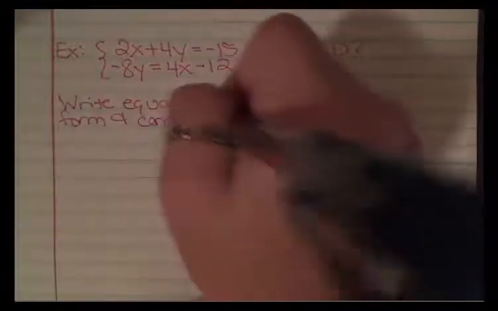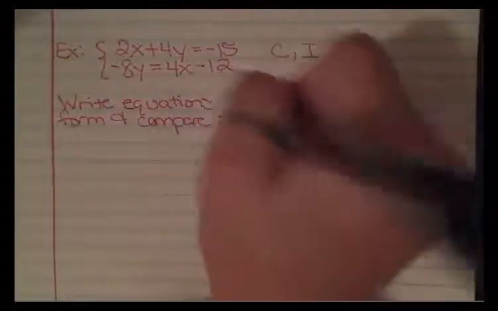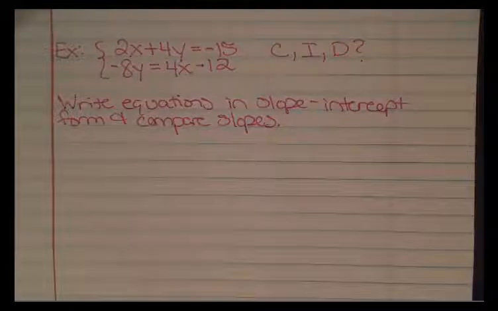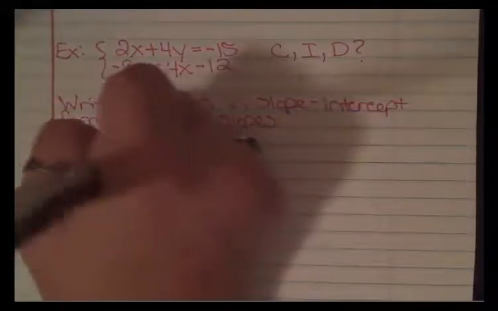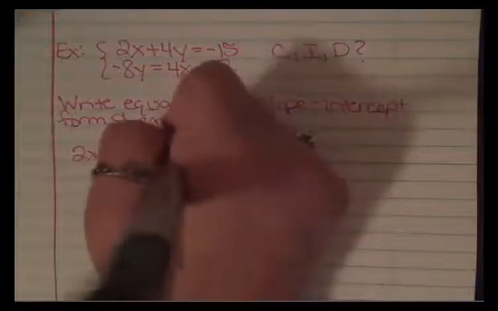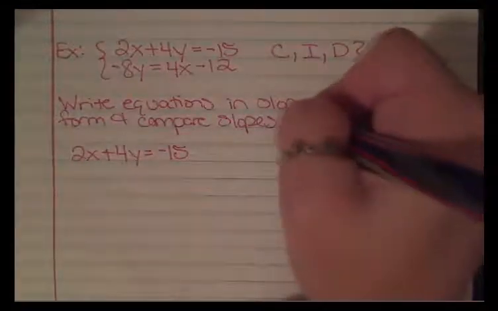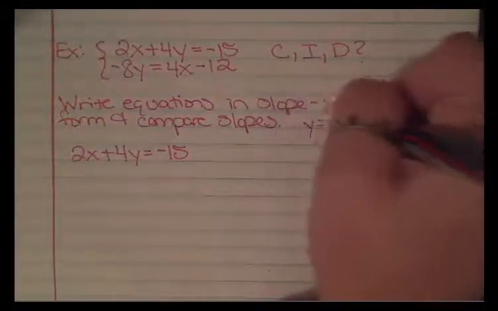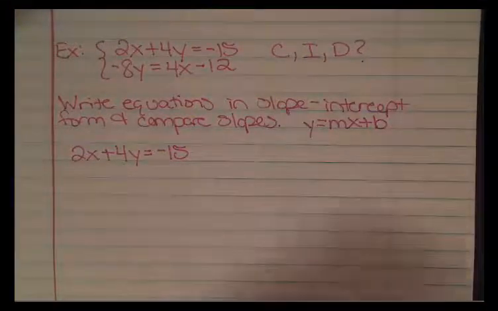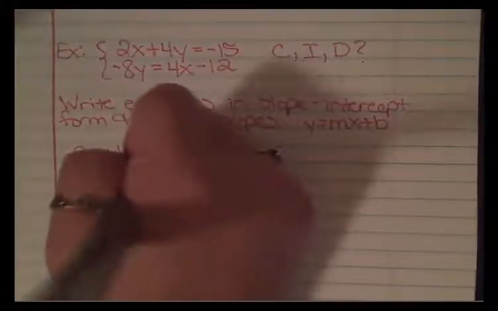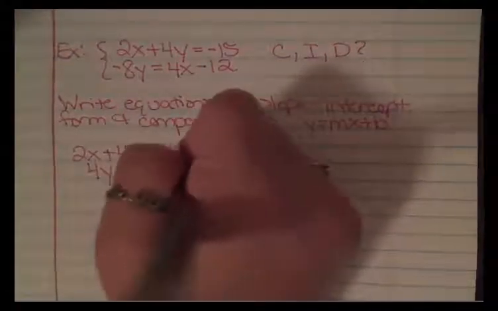Okay, so let's write the first one. We have 2x plus 4y equals negative 15. Remember, slope-intercept form is y equals mx plus b. So we're just going to solve for y. Subtract 2x from both sides and divide everything by 4.